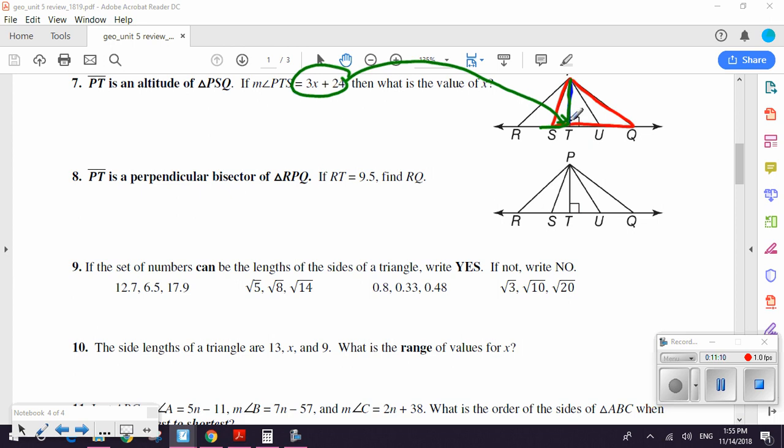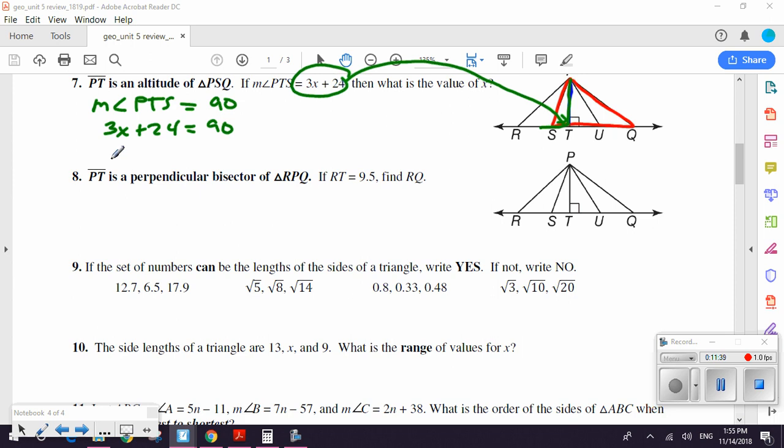Well, on the other side of PTS, PTQ is a 90-degree angle. So PTQ is linear with PTS. So that means it's also 90 degrees. So the measure of angle PTS is equal to 90. So substitute 3x plus 24 for PTS, and it's equal to 90.